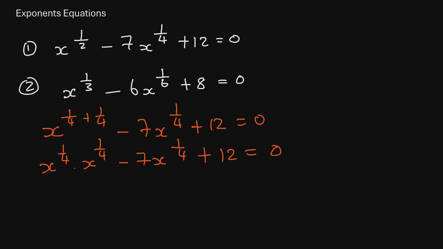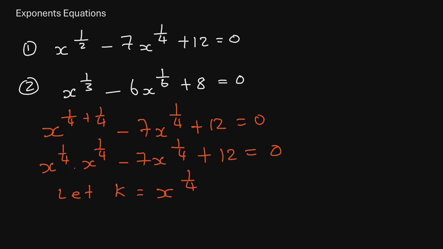So now if you have the x with the exponents that are the same throughout, therefore you can just let that x be k so that everything simplifies. So we're going to say now let k be equal to x to the power of 1 over 4. And this is called a k method. So where you see now x to the power of 1 over 4, you are going to substitute the k.